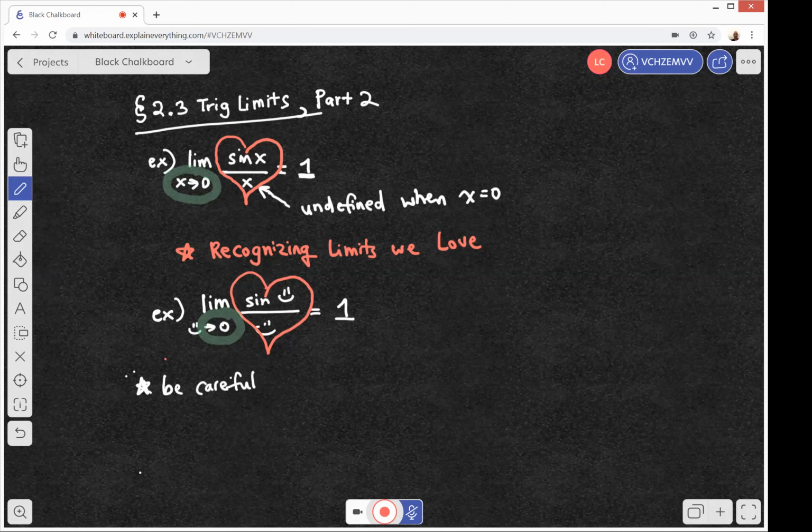X approaches 0 is different than x approaching, let's say, another number.